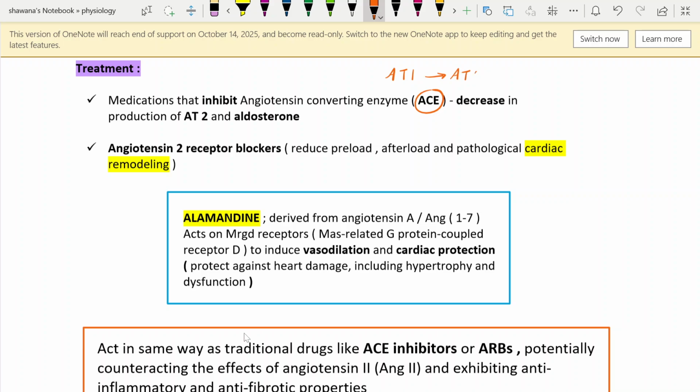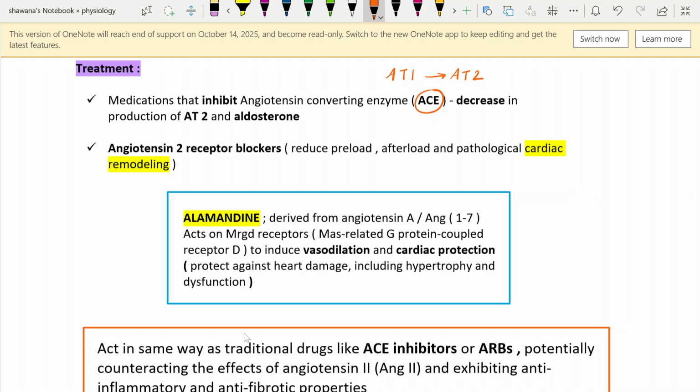So we need to inhibit the ACE activity. When activity is decreased, the production of angiotensin 2 is decreased and the production of aldosterone is decreased. And that's how we are going to treat the effect of angiotensin 2, by inhibiting the angiotensin converting enzyme.